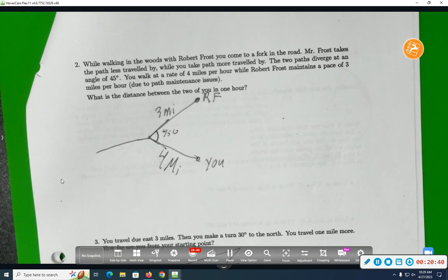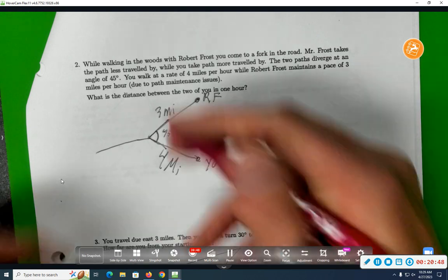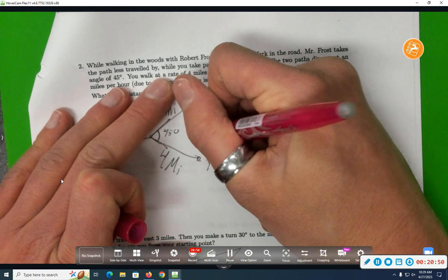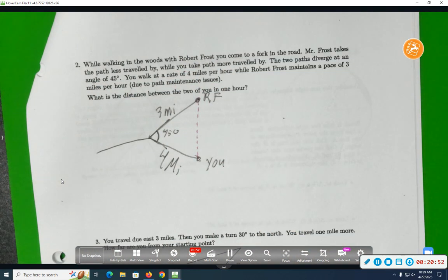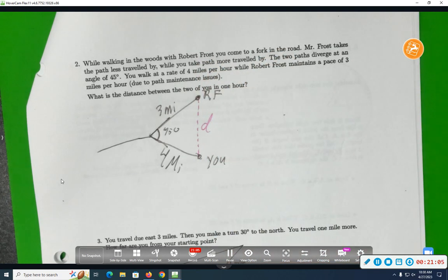Distance between. So that would be the length of the line between those two rightmost dots. Here's the length I want to find. We should give it some sort of variable name. What should we call that distance? Awesome. D for distance. Also reasonable would have been C because that's what we called side lengths, or X because it's an unknown.